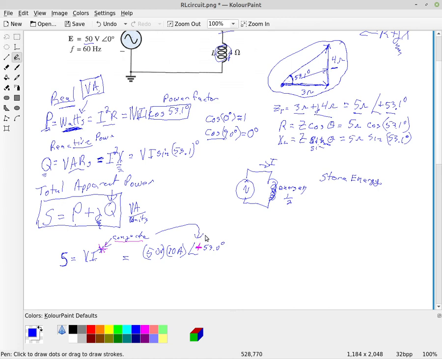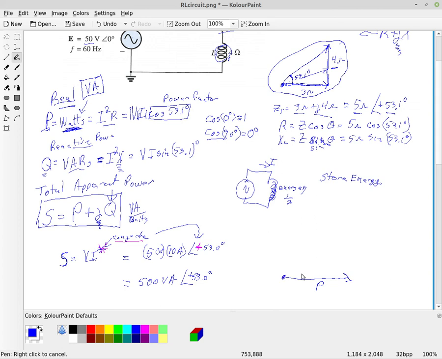So this is going to give us 500 volt amperes at an angle of plus 53 degrees.